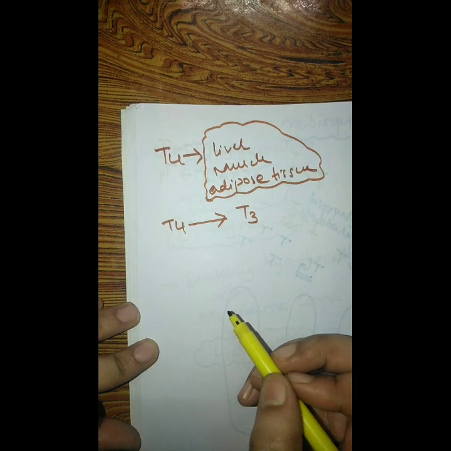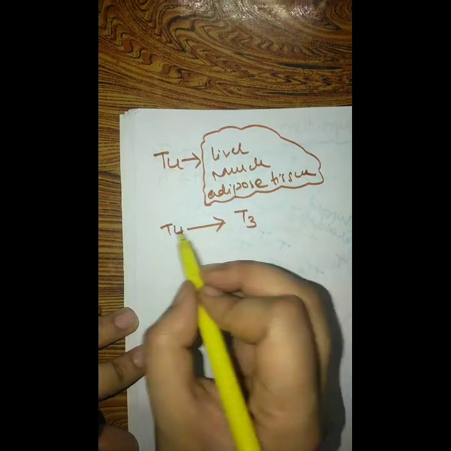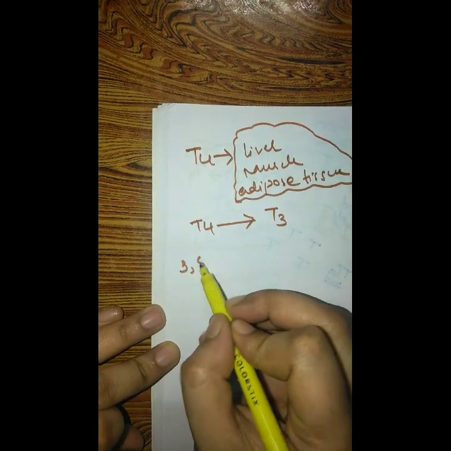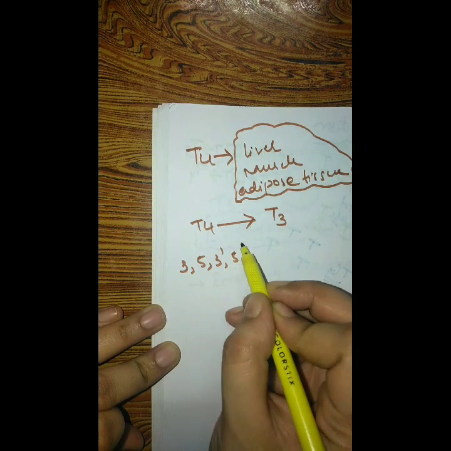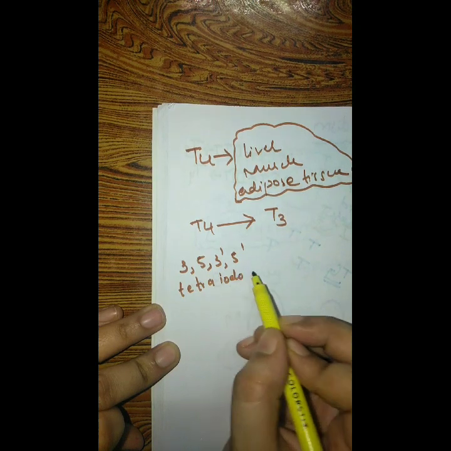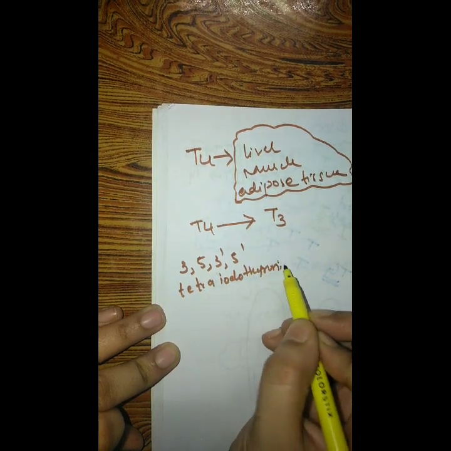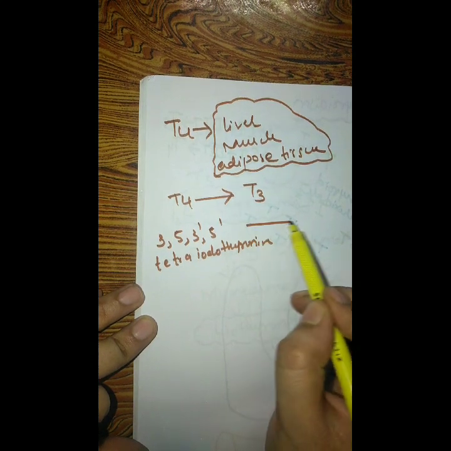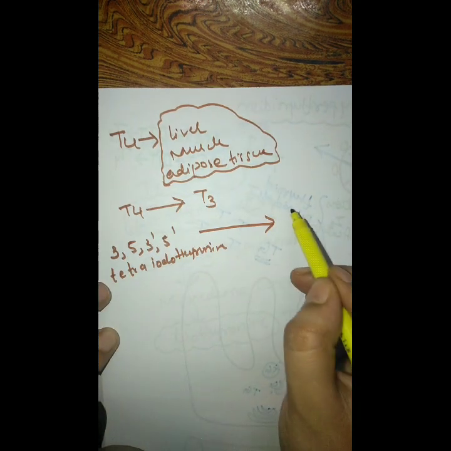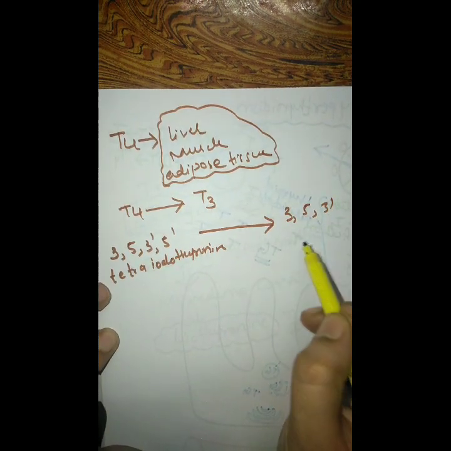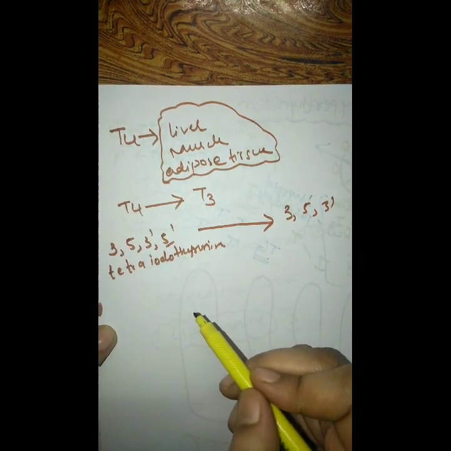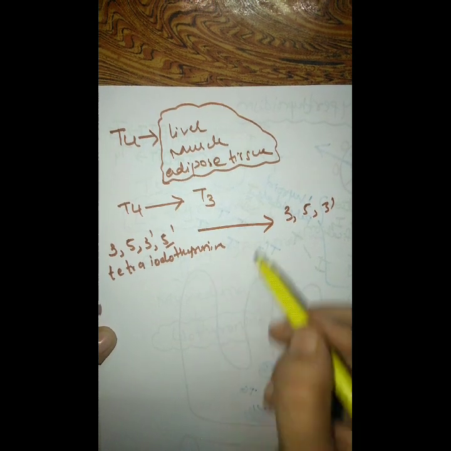Okay, so first of all we'll write the chemical structure and get to know. T4 is basically 3, 5, 3 prime, 5 prime tetraiodothyronine. These areas contain an enzyme which we need to make T3. T3 is 3, 5, 3 prime triiodothyronine. So we need to remove the iodine present on the 5 prime position.